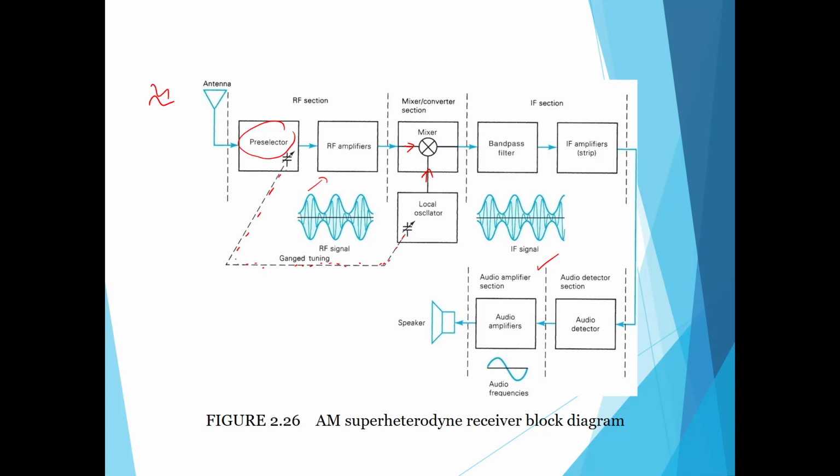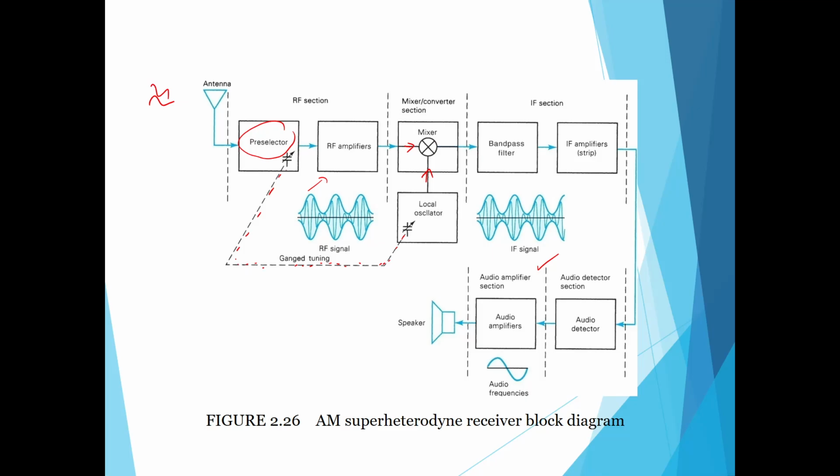Both the preselector and the local oscillator tune at the resonant frequency, which is equivalent to the carrier frequency. So what happens in the converter section? It will down convert the signal into an intermediate frequency signal.